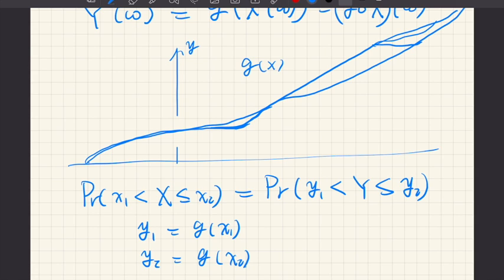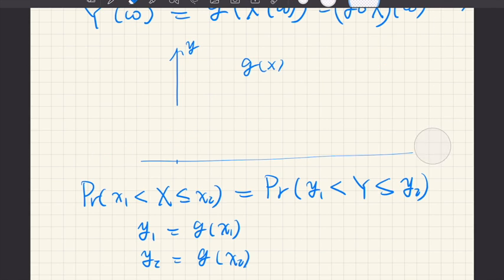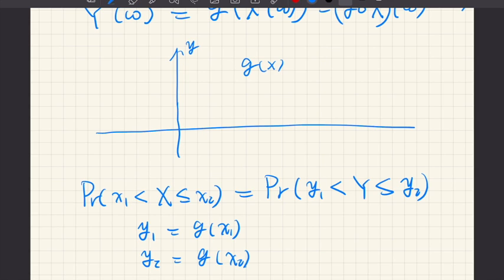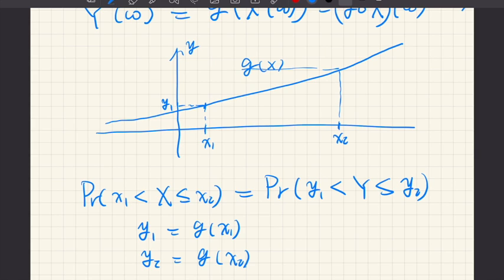Because, let's say, okay, let's draw this graph again. So g is just increasing. Okay, so this is x, y, x1, and this is y1, and this is x2, and this is y2.